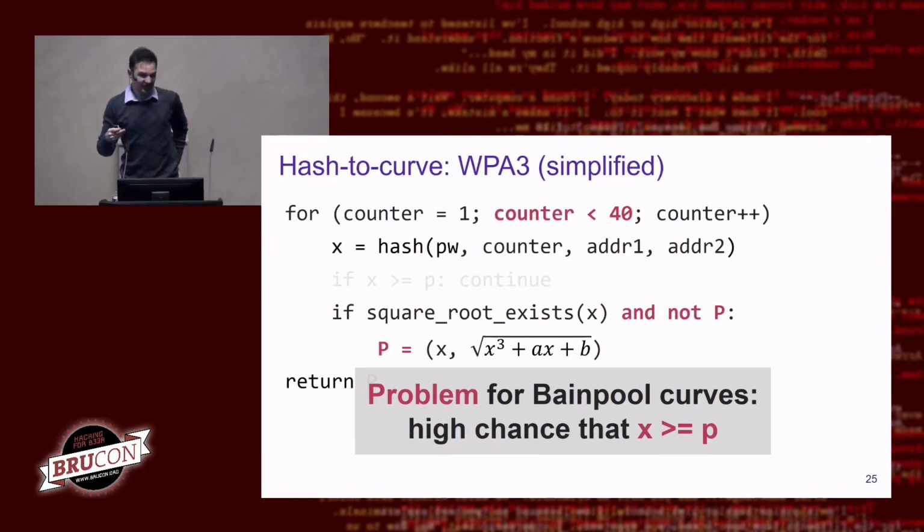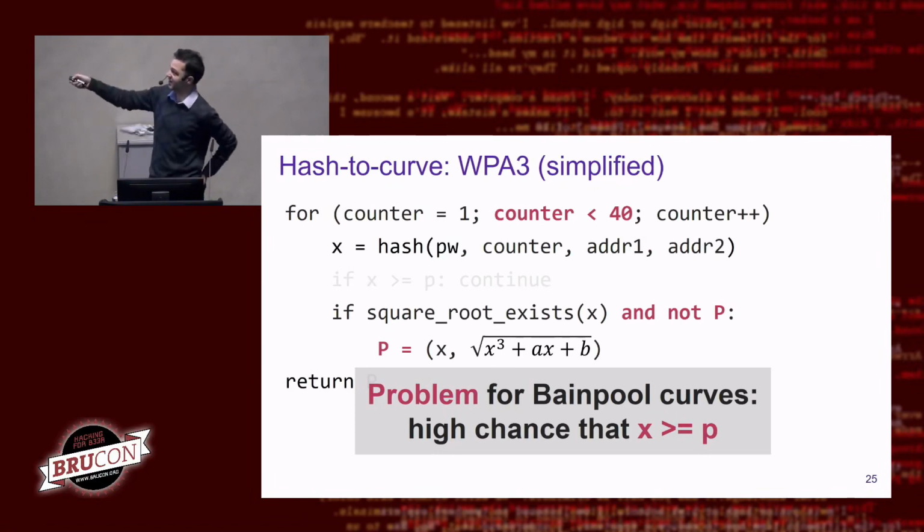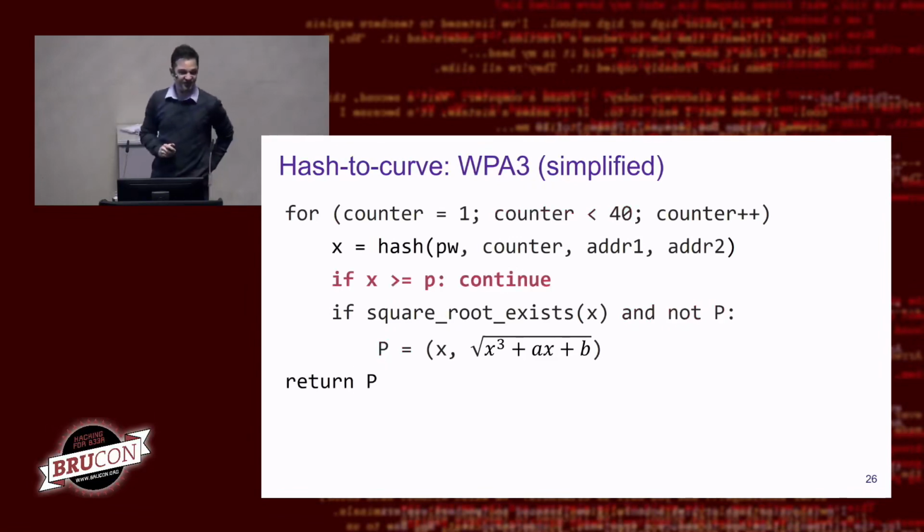So they had to implement a defense against this. They had to somehow handle the case that x is bigger or equal than p. And how did they solve this? Well, they simply added an if condition here. So what they did is, if x is bigger or equal than p, then we just execute another iteration. So does anyone have any idea what is wrong here with this algorithm now?